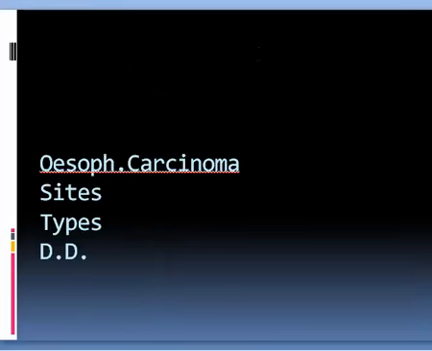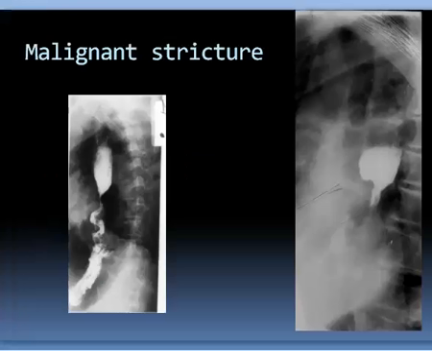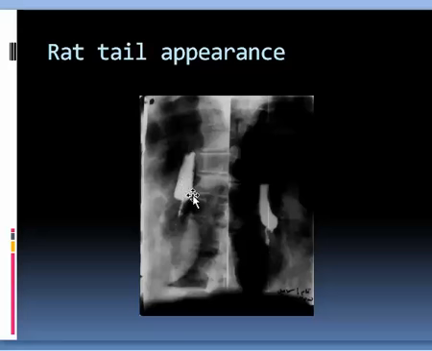Esophageal carcinoma: sites and types in differential diagnosis. The sites: usually a malignant stricture at the middle of the esophagus with either shouldering or rat tail appearance and irregularity. The most common site is the mid-esophagus, again with shouldering and rat tail, again with irregularity and a small fistula here.